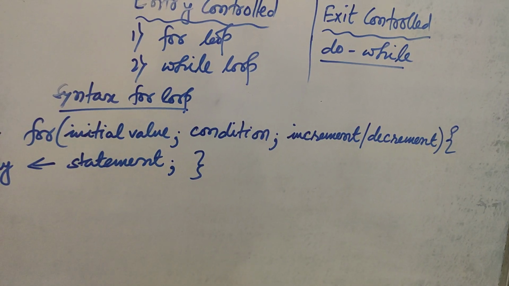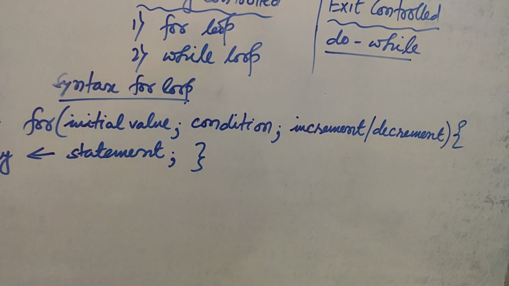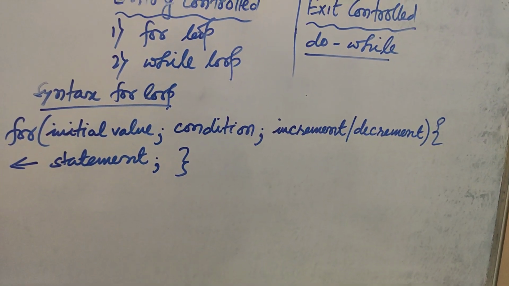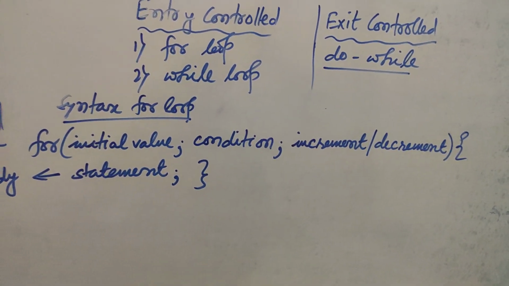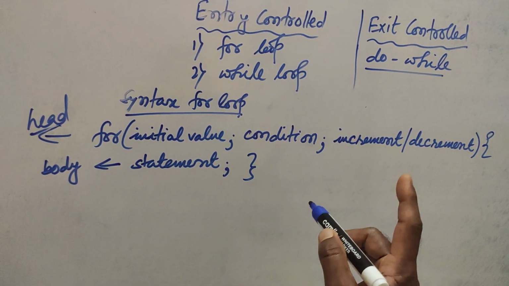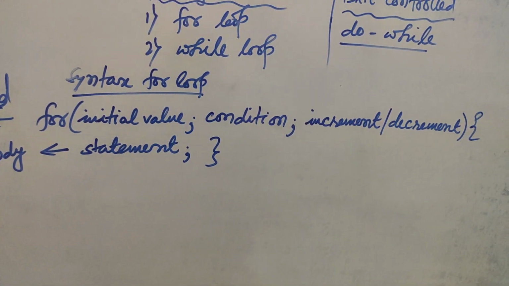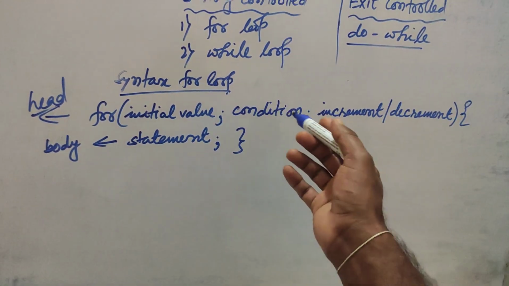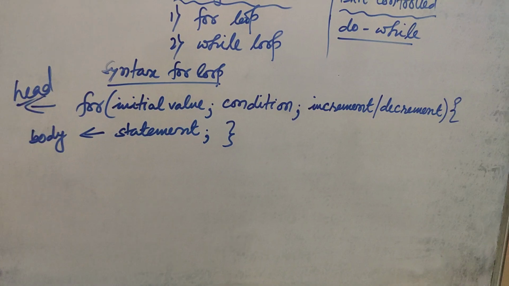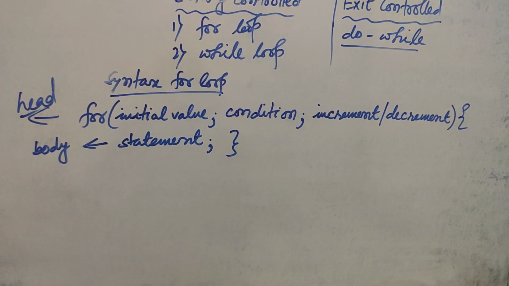But for two statements you have to give a block, like in an if construct. In the if statement, if we give two statements, you have to give boundary. When we are using loop, we will give boundary.